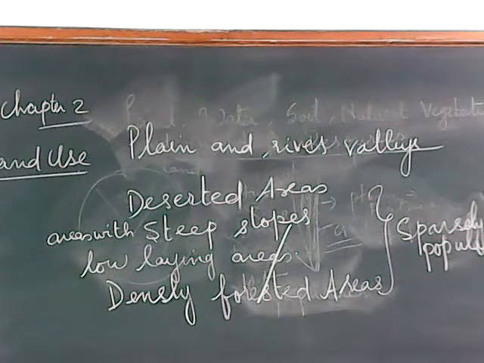Those who are leaving the meeting, it's a simple question. If you look around, you can get the answer. What are the different purposes we use land for? Your house, your quarter, where is it made? Is it made on hill or water?